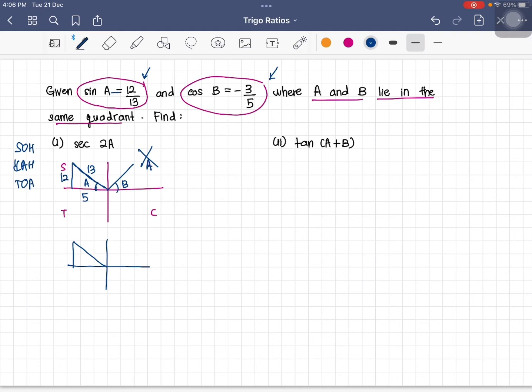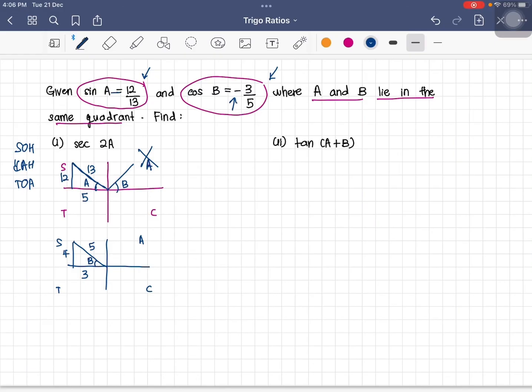B is negative, so 3 over 5. You assume B is here, and cos of B, adjacent over hypotenuse, should be 4 over here. But what about the negative? It just states that B is in this second quadrant.